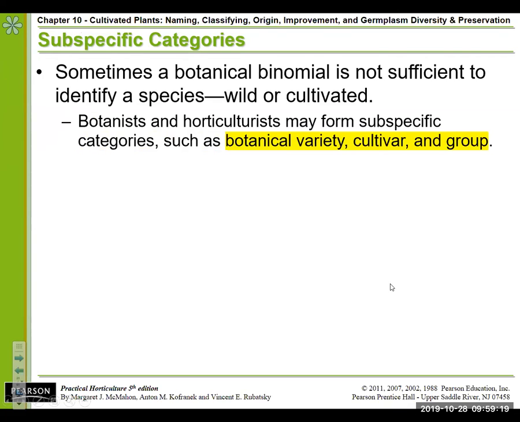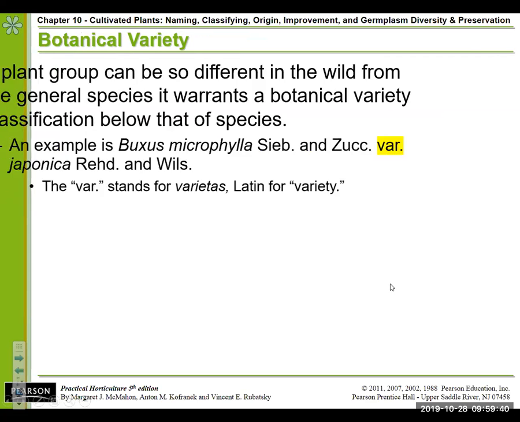And in some cases, we look at the botanical binomial as not being sufficient to identify that species, whether it's wild or in cultivation. So we have subspecific or subspecies categories, such as the botanical variety, a cultivated variety, a group, subspecies.